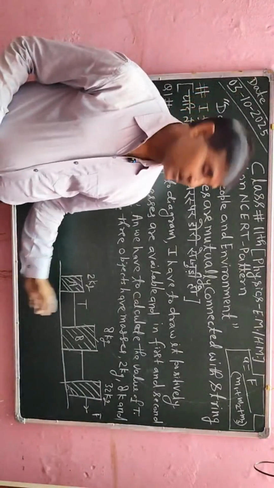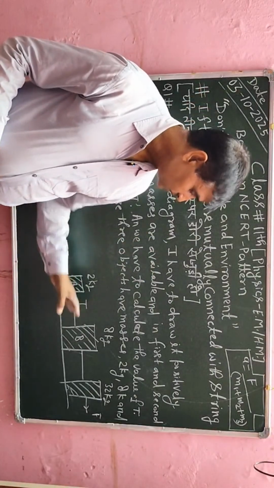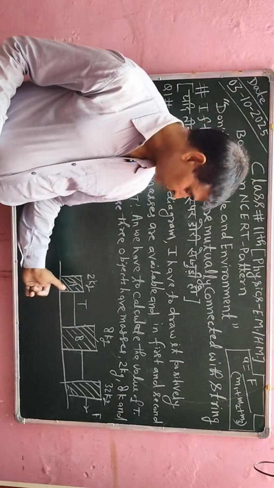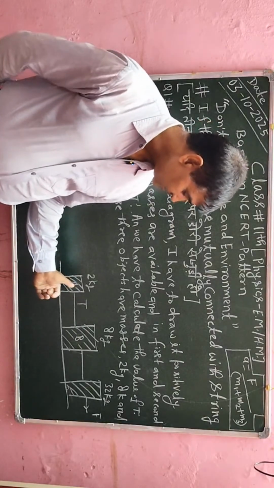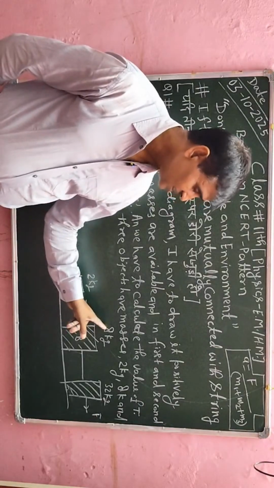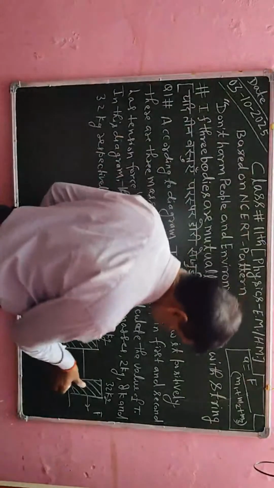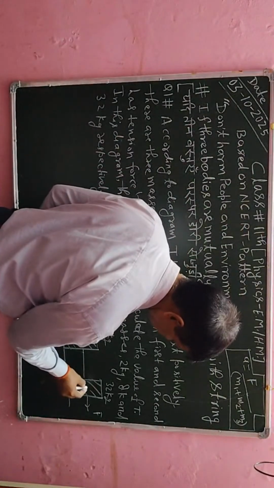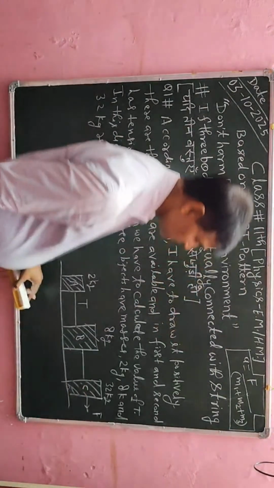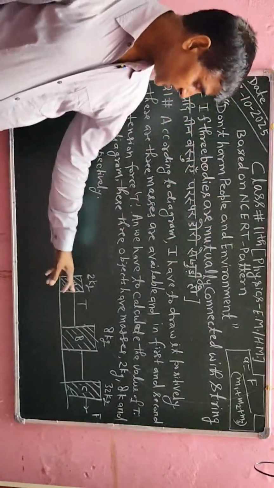Here this is the diagram, and each object has masses: object A has mass 2 kg, object B has mass 8 kg, and object C has mass 32 kg. Now in this case we have to find the tension.